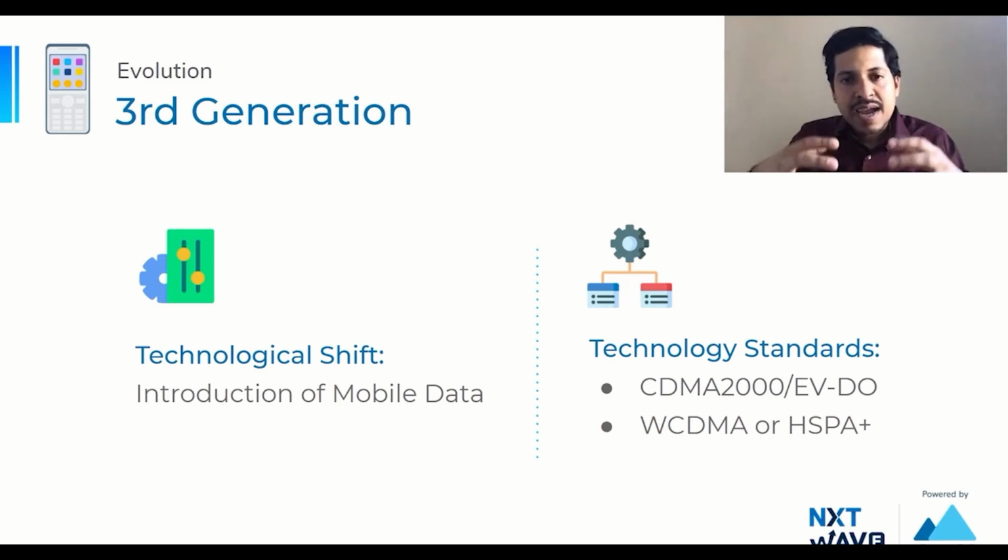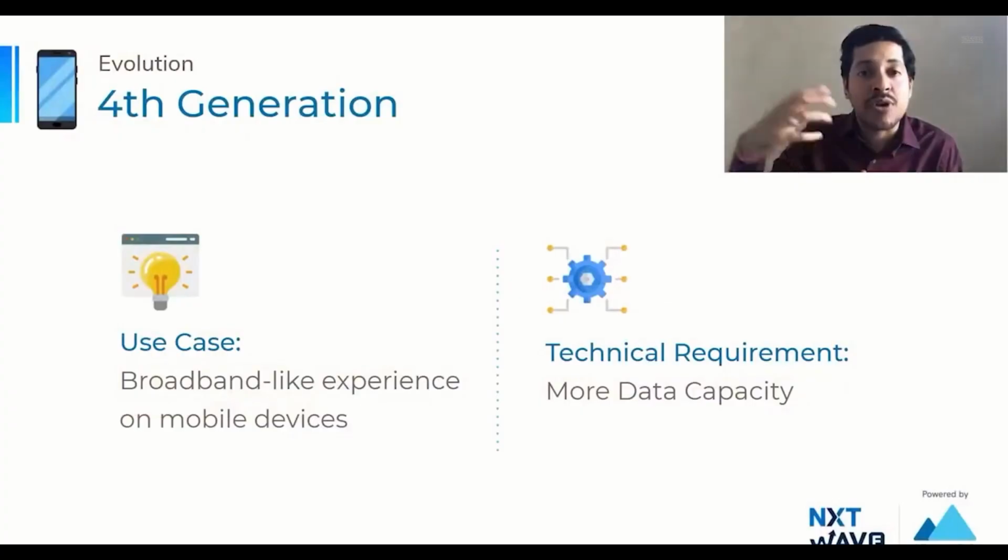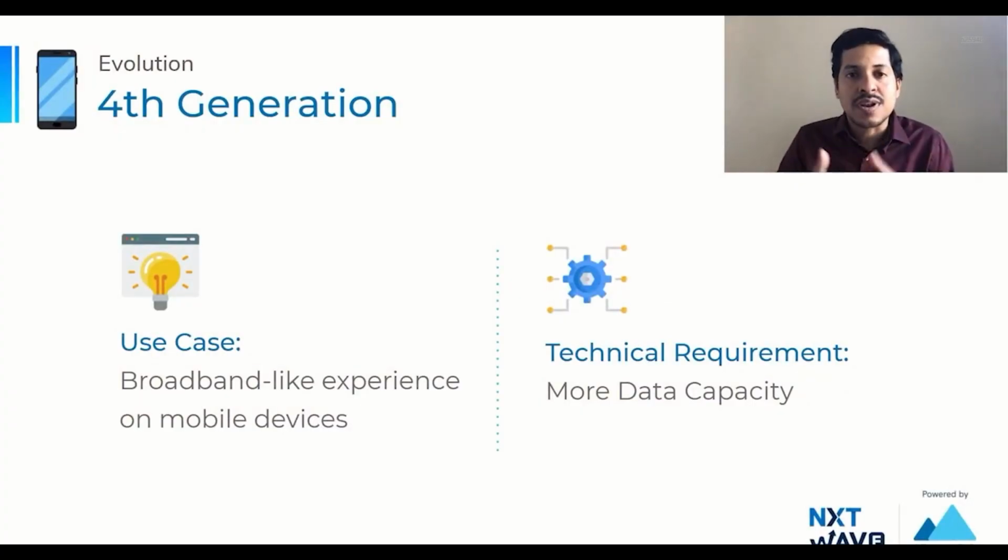So once we had enabled mobile data, of course, the next question people ask is, can we get faster and better data connection? Can we actually get broadband-like experience on our mobile devices? 3G, remember, took off in the 2000s, and the 2000s was when home broadband had become mainstream.